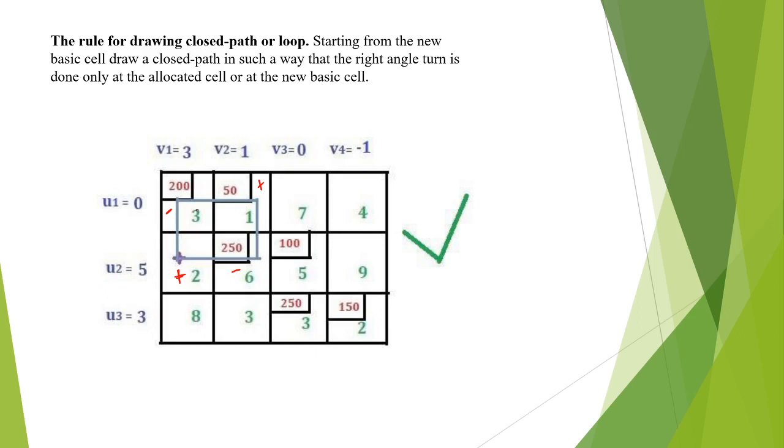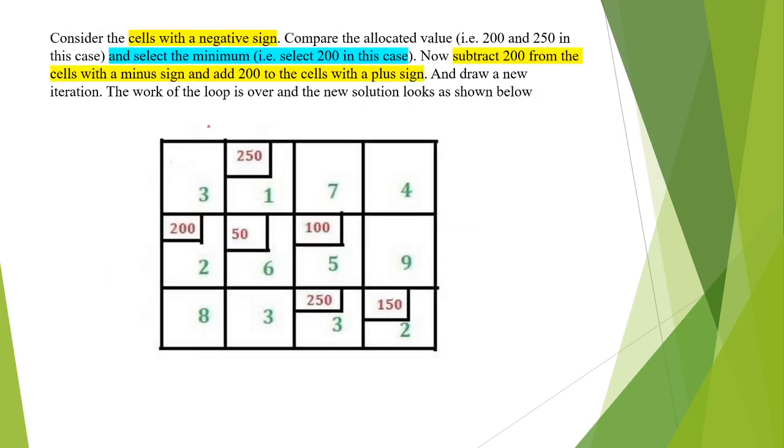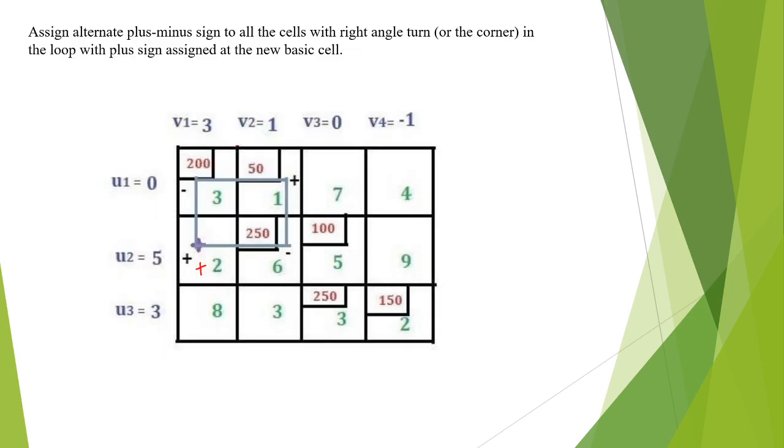negative cells. In the negative cells, there are two values, 200 and 250, and we will take the minimum. The minimum of 200 and 250 is 200.